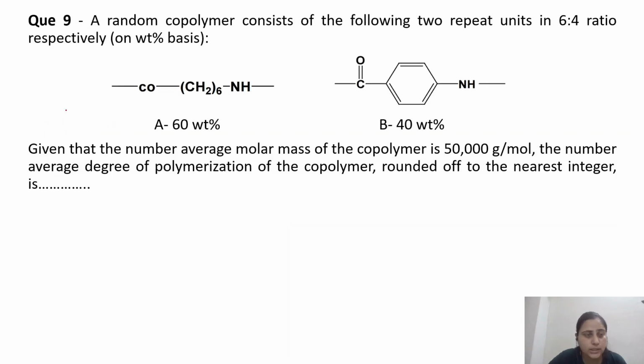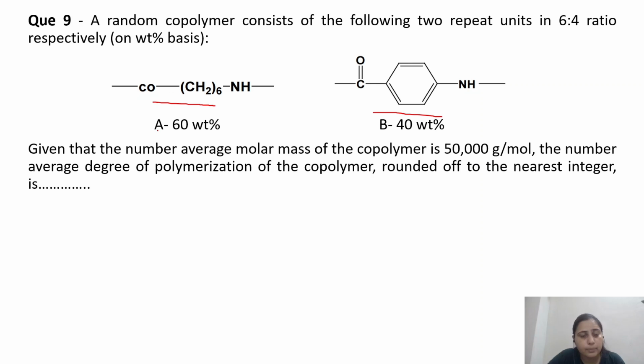Now let's discuss question number 9, which is the numerical problem on the copolymer. A random copolymer consists of the following two repeat units in 6:4. One repeat unit is this and the other repeat unit is this.